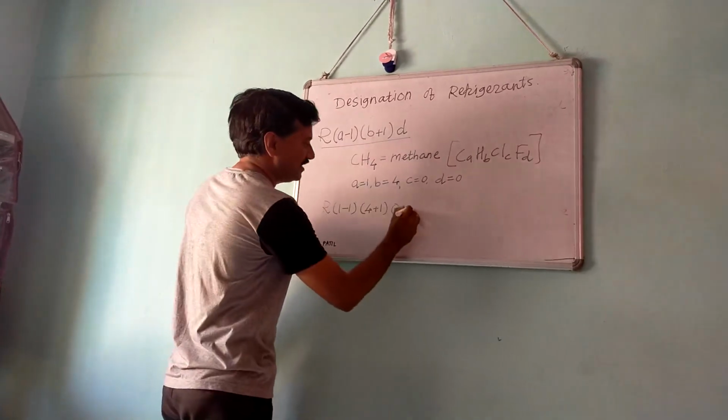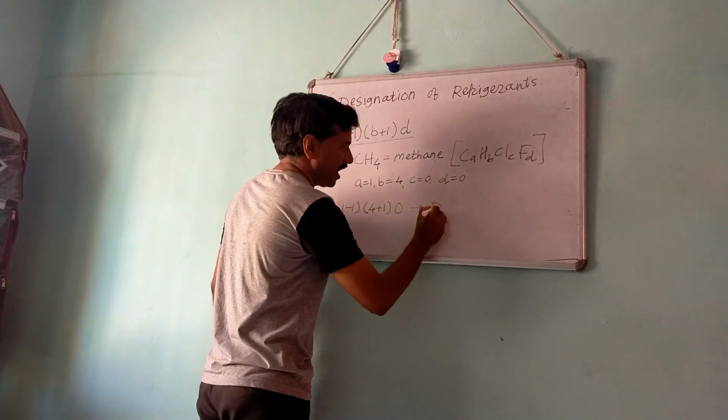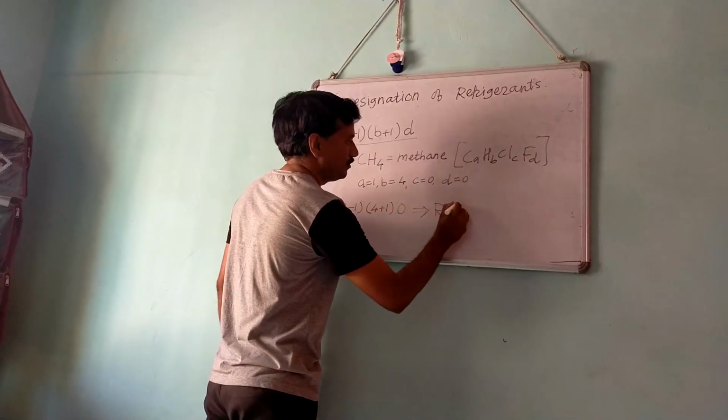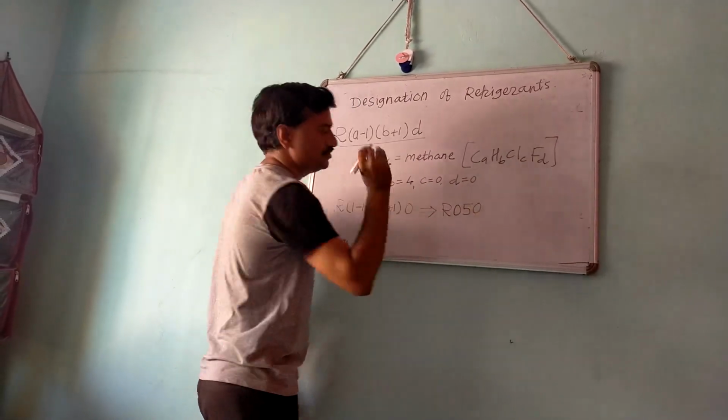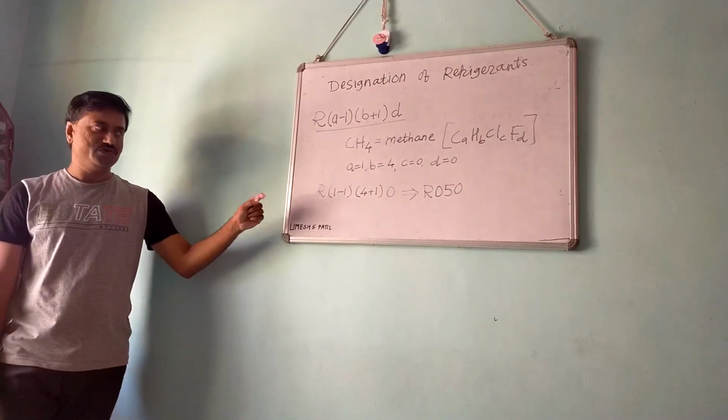So the designation of methane will be R050. This is the designation of methane universally.